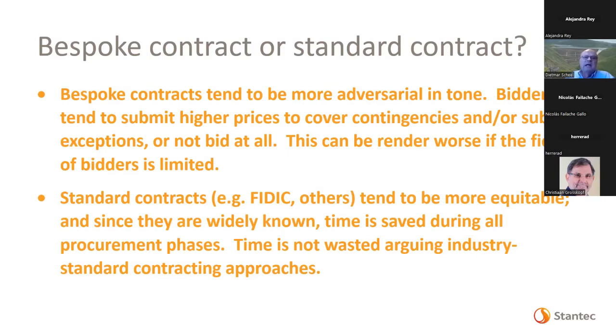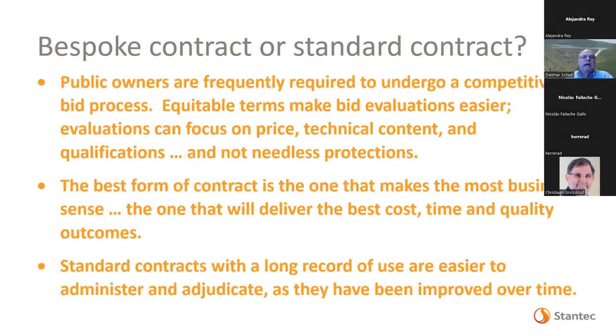And again, the idea here is try to make it as simple as you can for yourself. Standard contracts, FIDIC and others, tend to be more equitable since they are widely known and time is saved during all procurement phases. Time is not wasted arguing industry standard contracting approaches.